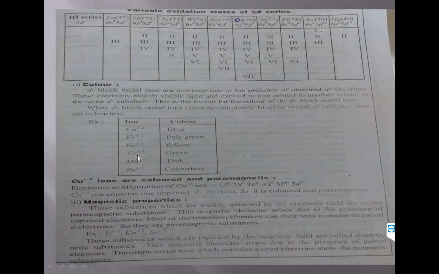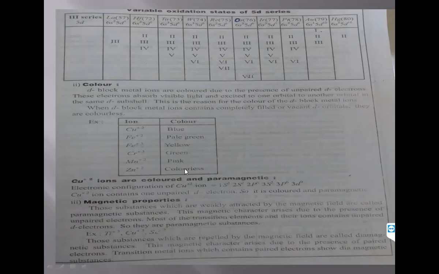In the same way, chromium +3 exhibits green color and manganese +2 pink color. Zinc +2 is colorless, make a note there. All these metal ions exhibit color due to containing unpaired electrons. Zinc +2 is colorless to the naked eye because it has no unpaired electron.